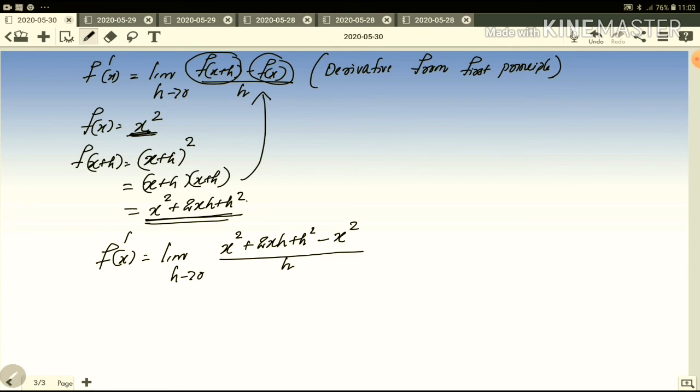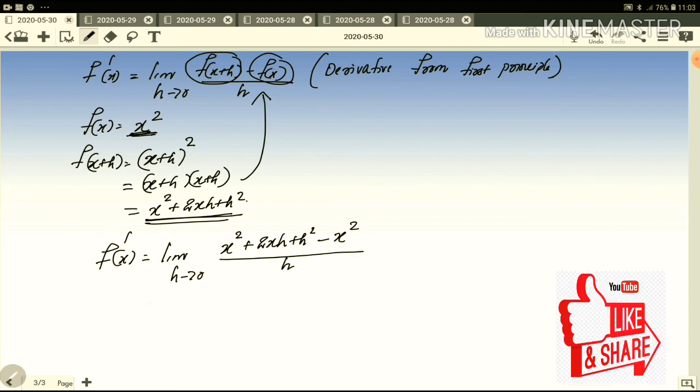Now simplify. You cannot apply the limit straight away. What happens if you apply the limit here? The denominator is going to be 0, it is undefined. So before that you have to simplify and make sure that the denominator h is not there. I will show you how.